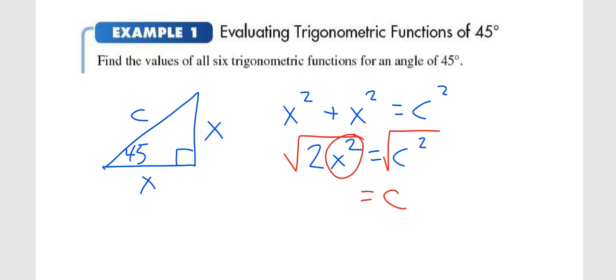It comes outside the radical, but the other one is not coming out. All right, so hopefully this rings a bell that you take the side length and multiply by radical 2.